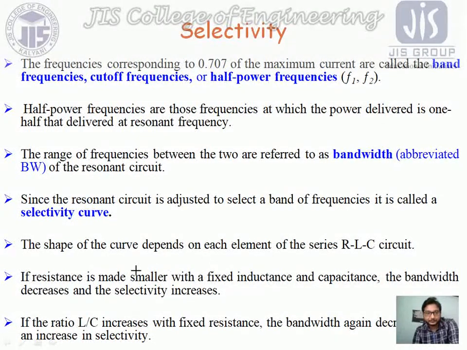Now for any particular circuit, we can change this bandwidth, omega 2 minus omega 1, by changing the value of the resistance, or by changing the ratio of L by C. How can we do this?